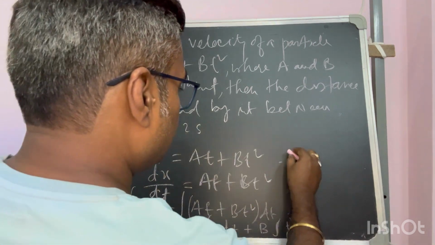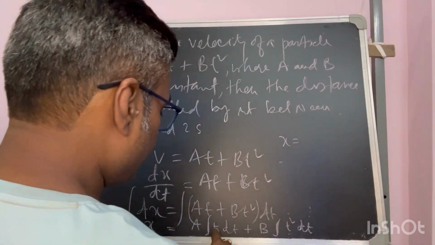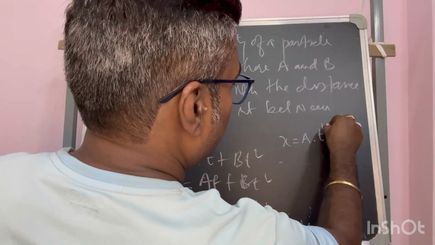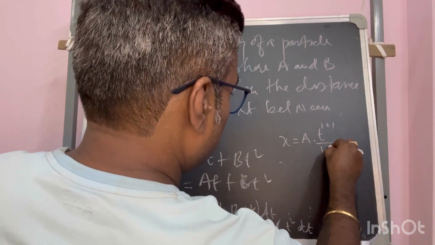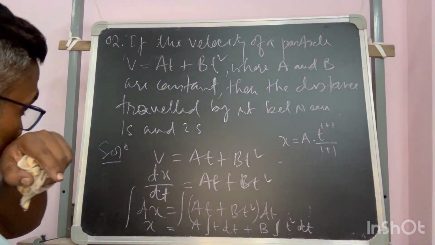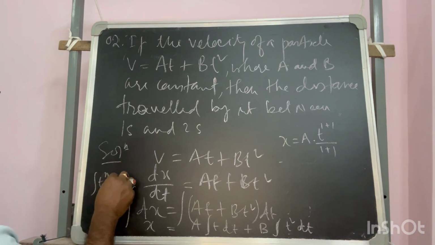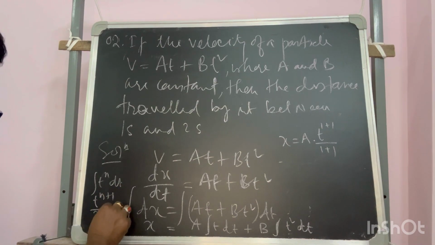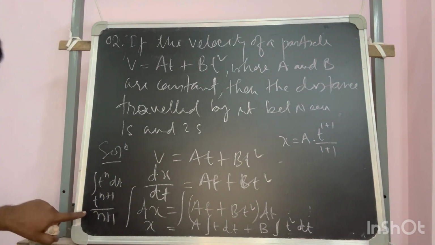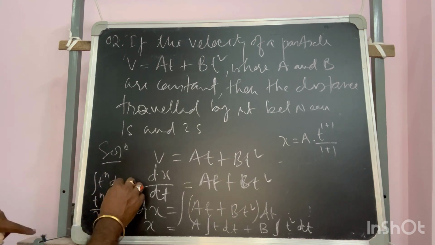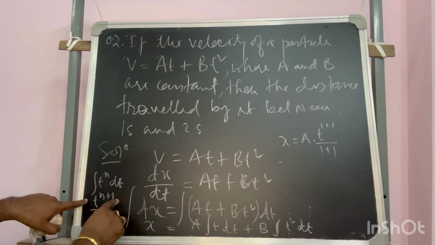Now this function changes in the form that the power of t will become plus 1, divided by the new power. So this will change like that. That means integration of t to the power n dt will change into t to the power n plus 1 by n plus 1. Remember this formula.